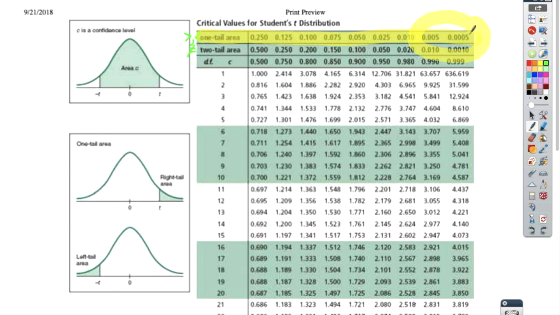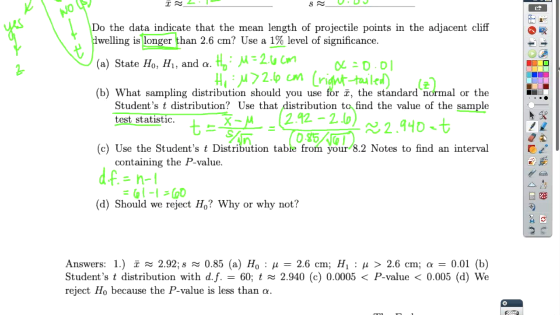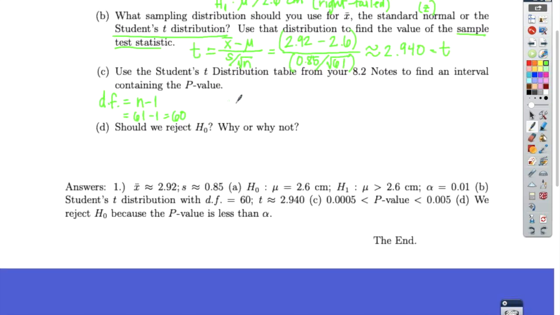Or you can write them in the correct order, just without using an in-between step. So of these two numbers, this one is smaller, 0.0005 and then 0.005. So I'm going to write them in ascending order.